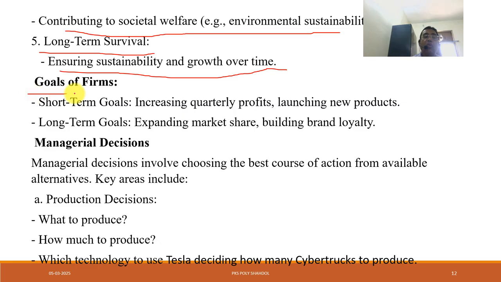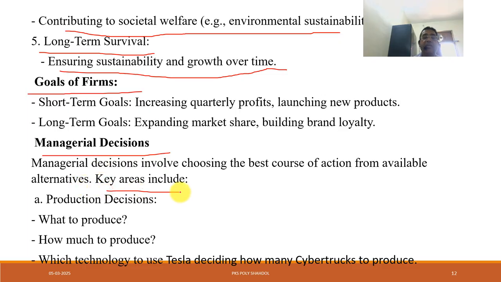And what is the goal of a firm? The short-term goals are increasing quarterly profit and launching new products. The long-term goals are expanding market share and building brand loyalty. Now, what is a managerial decision? Managerial decisions involve choosing the best course of action from available alternatives.